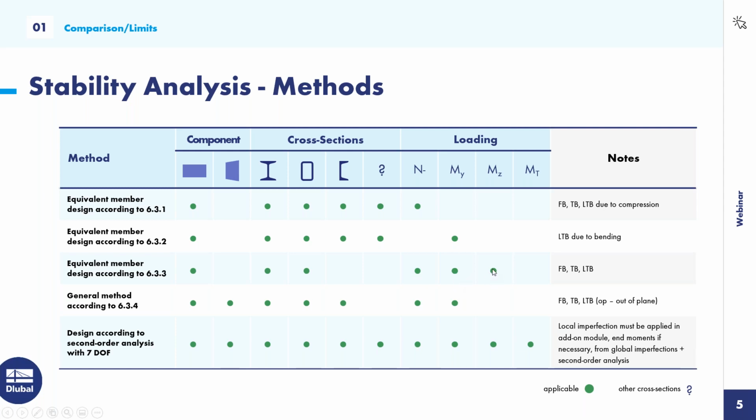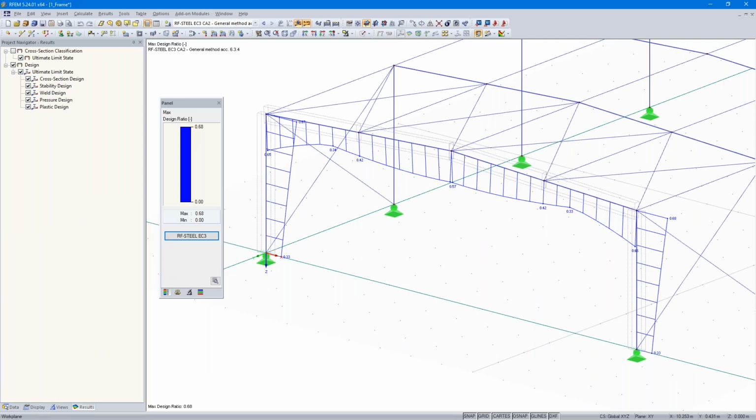And if we add horizontal loads in that case, and we get bending about the weak axis, only the equivalent member design is applicable. That's what we do now.